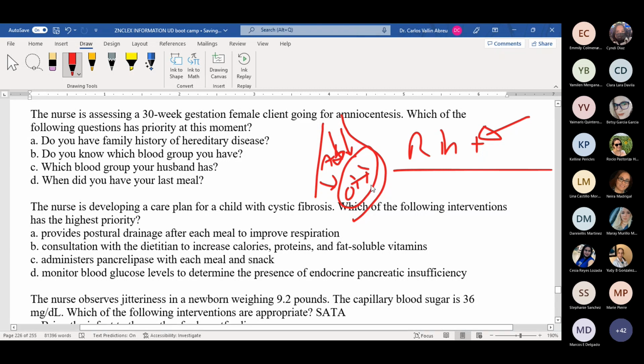So now doctors are going to do periodic amniocentesis. Why? Because they evaluate the amount of bilirubin in the amniotic fluid that is coming from the baby. So the amount of bilirubin that is in the baby as a product of this hemolytic disease is going to be expressed in the concentration of bilirubin in the amniotic fluid.